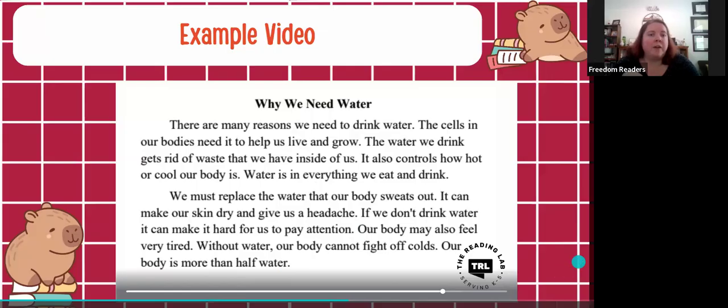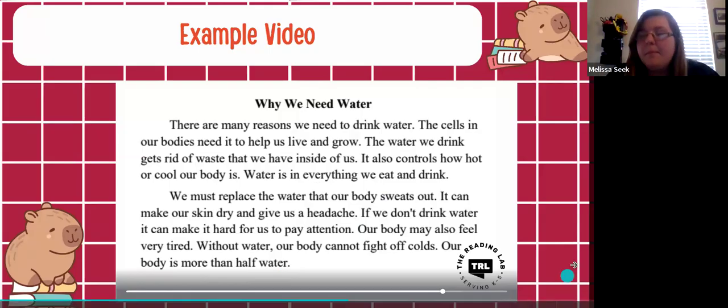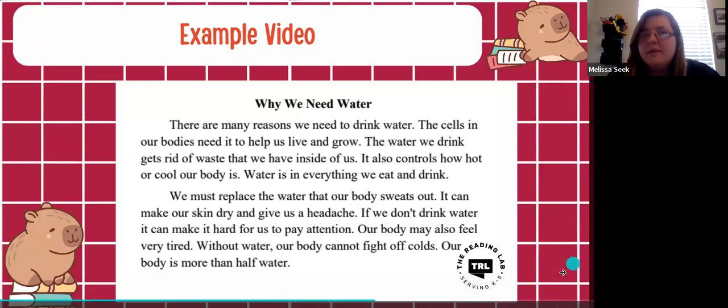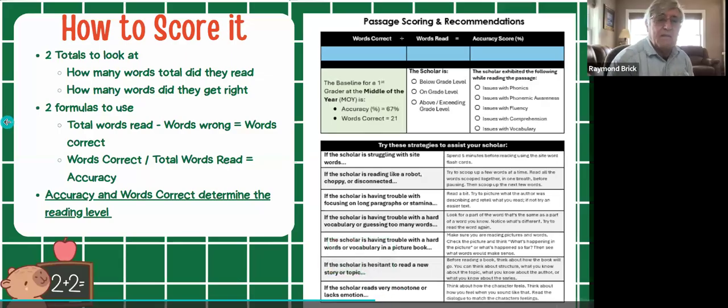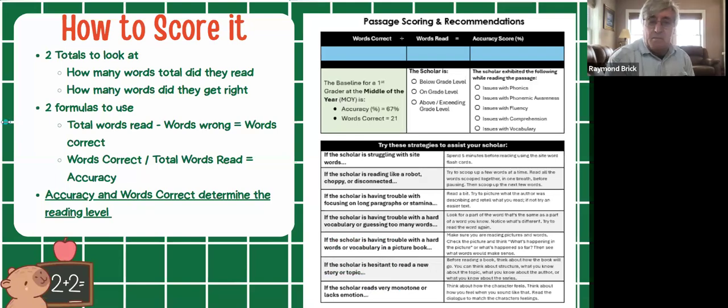And with him, even though he missed "to" the first time, he went back and reread it correctly. So if you had marked it wrong, you would go back and say, no, he did this right. I think he said, instead of body, he said bodies.